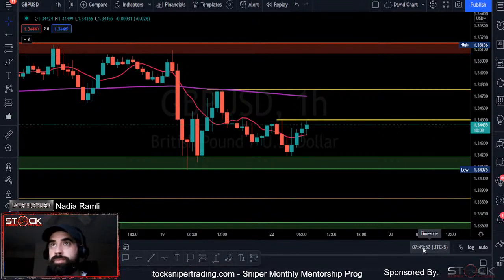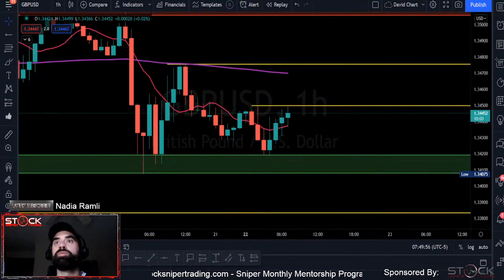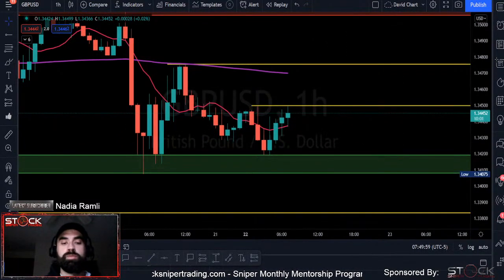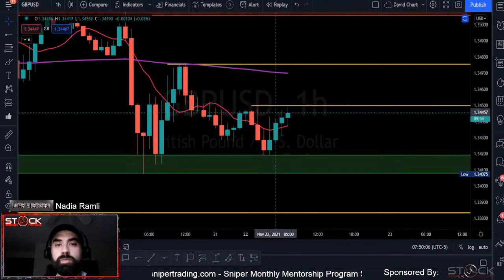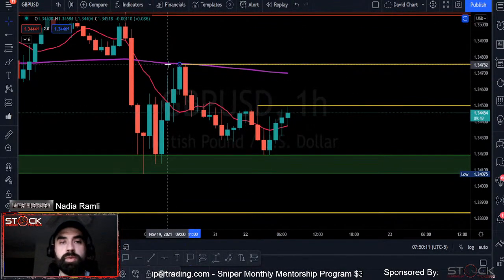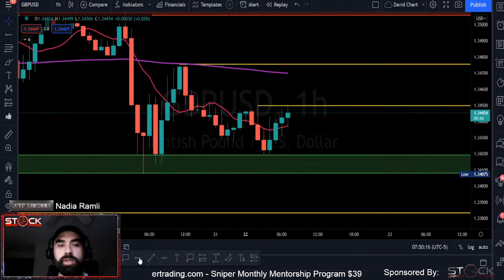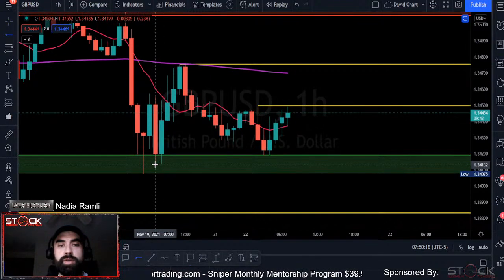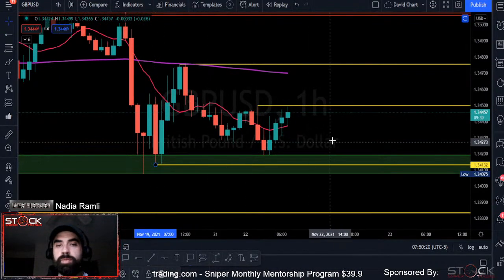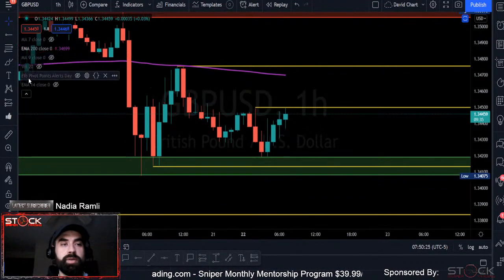Okay, just tighten everything up. We have nice support forming on the hourly in this area right here. You can see nice demand support. I'm just going to erase this 9 until we get there.